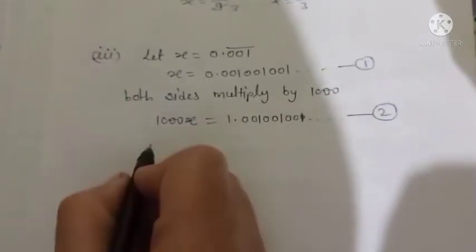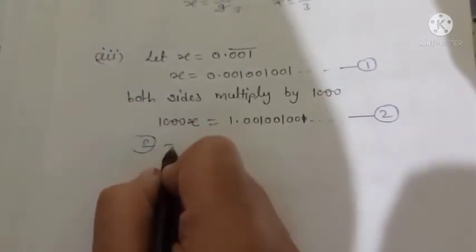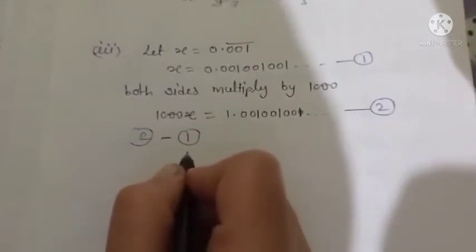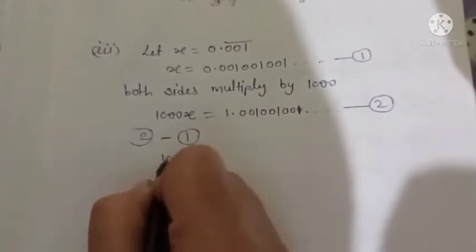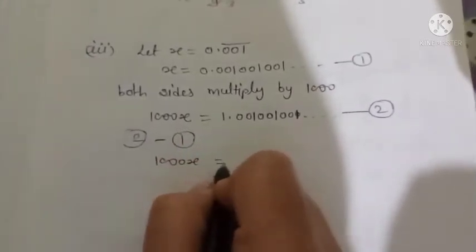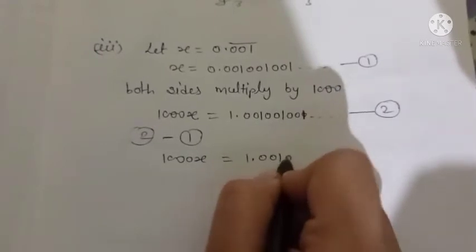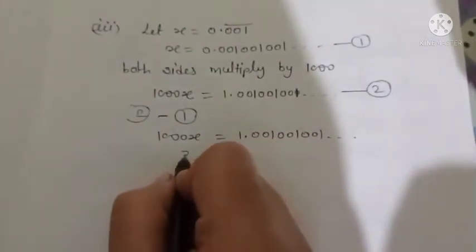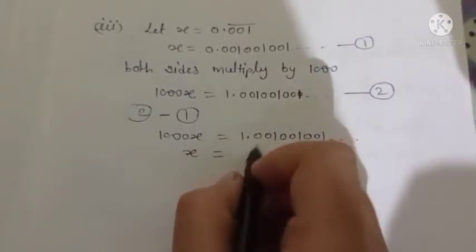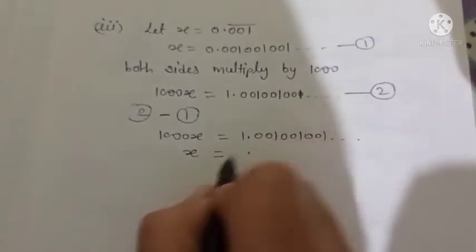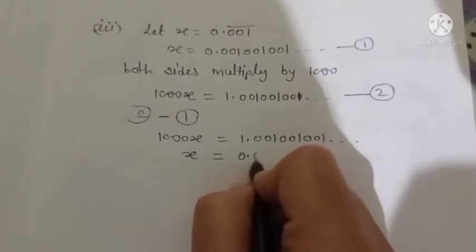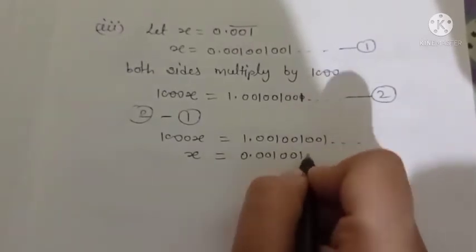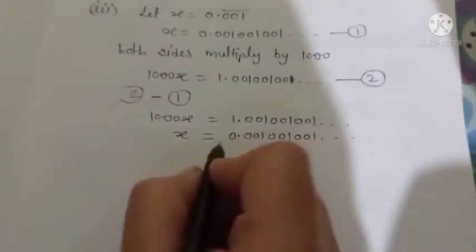Now the second equation is subtracted by the first. 1000x is equal to 1.001001 and so on, and the first equation is x is equal to 0.001001 and so on, placed below the decimal.